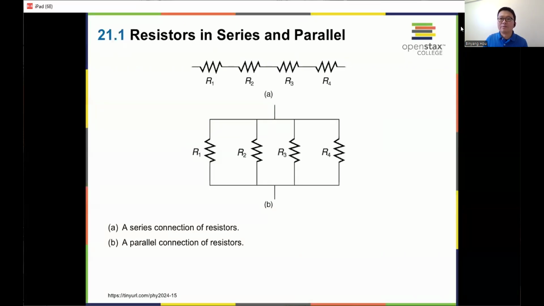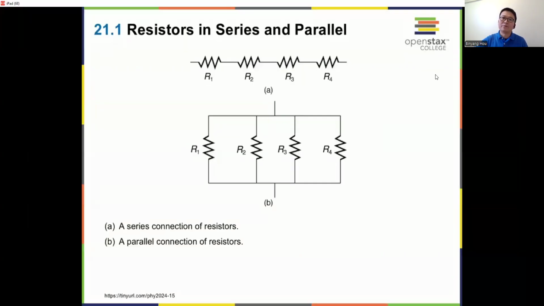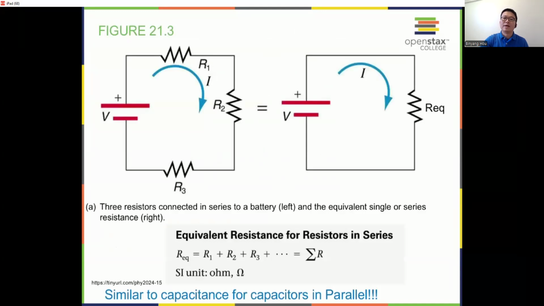All right, so a quick review. Last time, if we have resistors in just series or in parallel, then these two scenarios are the opposite to the capacitors in series or in parallel. So if the resistors are in series, the combination can be represented by an equivalent resistor, the equivalent resistance for the resistors in series, which is just the resistance of each one added up.